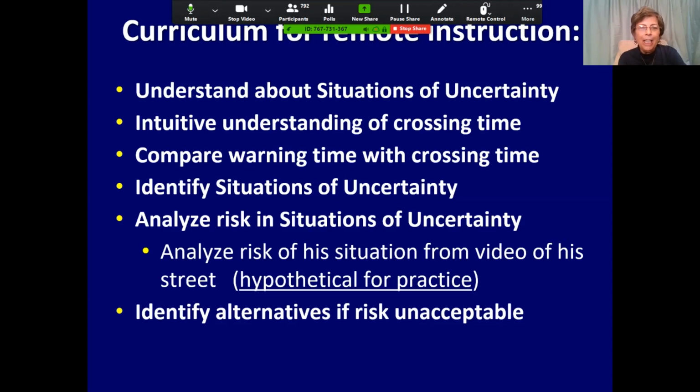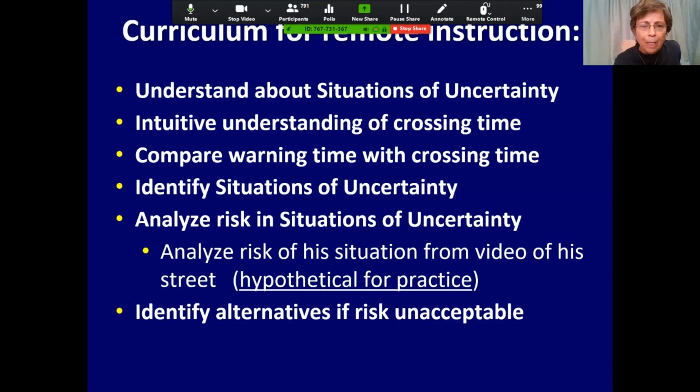And then I wanted him to learn how to compare the warning time of approaching vehicles with his crossing time. Then I wanted him to put all that together and identify situations of uncertainty. And then analyze the risk of crossing when he's in a situation of uncertainty, including a situation from a video of his street.